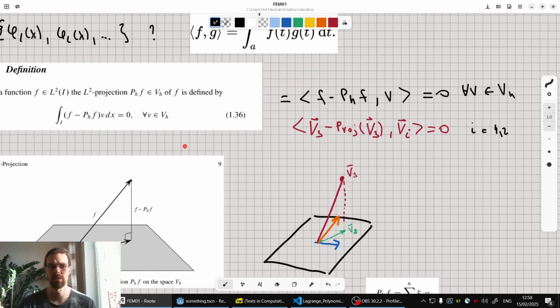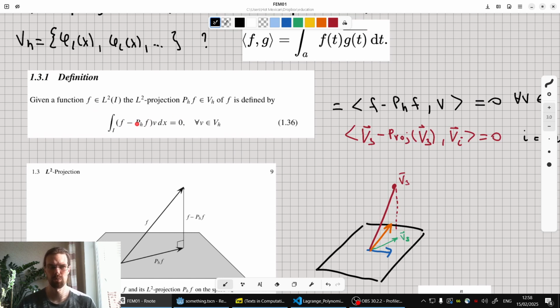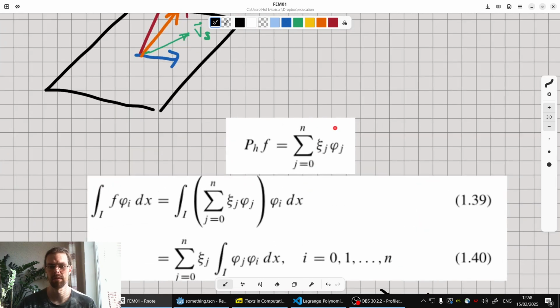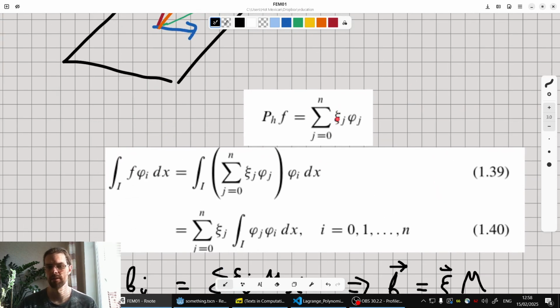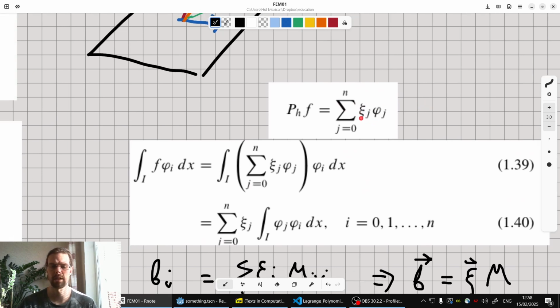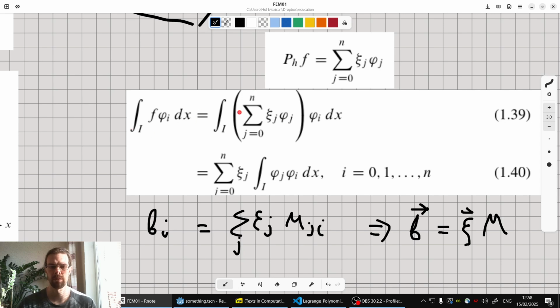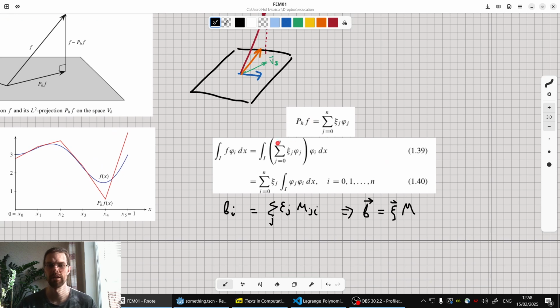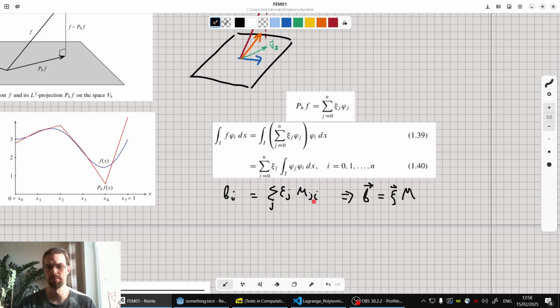And of course, using this definition, we know that our projection into hat space should be a linear combination of hat functions. And that's what we do. Write it as these xi, which are unknowns. We rewrite it into n different equations, and it should describe basically a matrix equation like this: xi m equals b.